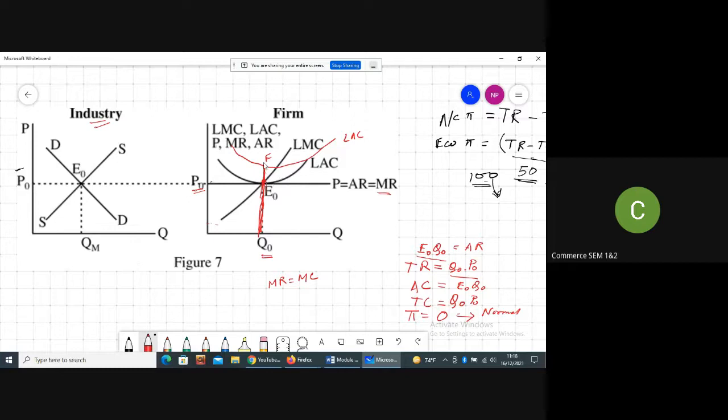So if these firms are making loss, that means in the long run some firms will leave or exit from the industry. Now যখন কিছু ফার্ম ইন্ডাস্ট্রি থেকে বেরিয়ে যাবে, that means the market supply will fall. That means this supply curve will shift to the left like this, S1, it will shift to the left. সুতরাং new equilibrium will take place at some point here, which is say E1.